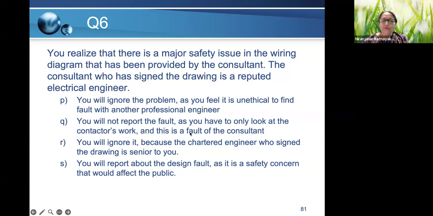You will not report the fault as you have to only look at the contractor's work, and this is the fault of the consultant. You will ignore it because the chartered engineer who signed the drawing is senior to you. You will report about the design fault as it is a safety concern that would affect the public. What would you do?